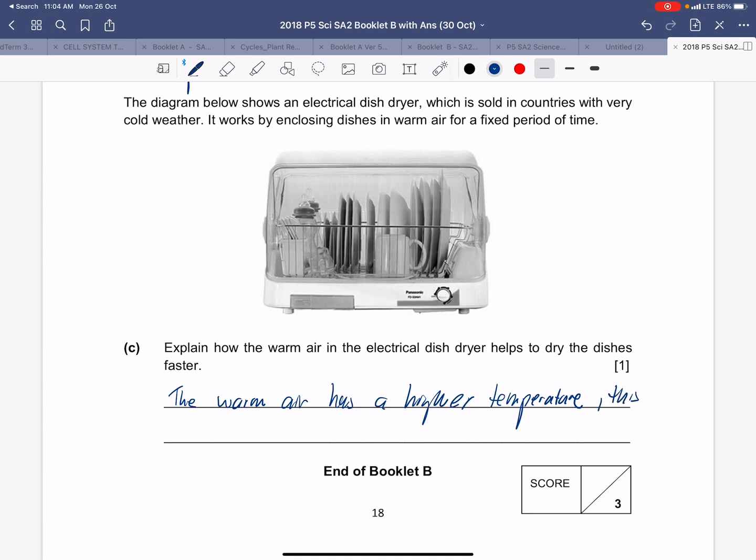This increases the rate of evaporation of water droplets on the plate. So because it increases rate of evaporation of the water droplets, your plates will get dry faster, right?